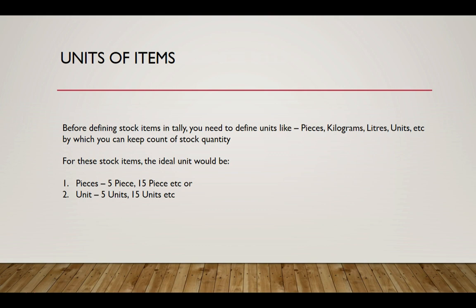So for electronic items like laptops, printers and desktops, these can be measured in units and ink cartridges can be measured in pieces. So we are going to create two units. One is called as pieces and another is called as units. So how do we create these units in Tally? Let's find out.